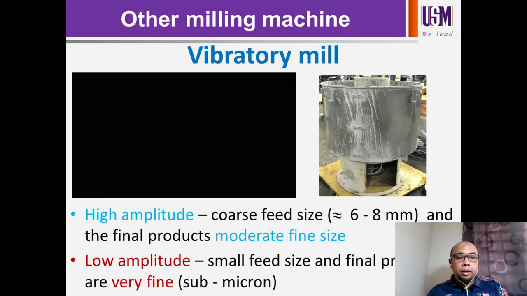But in the common ceramic industry, it is very rare to see companies use the vibratory mill, because imagine if you use a 2-story height vibratory mill, imagine the noise produced from that machine.